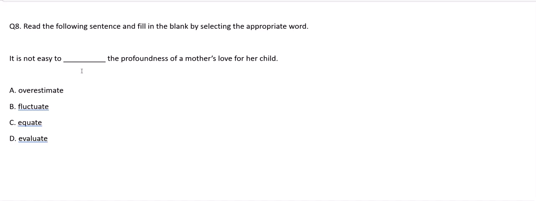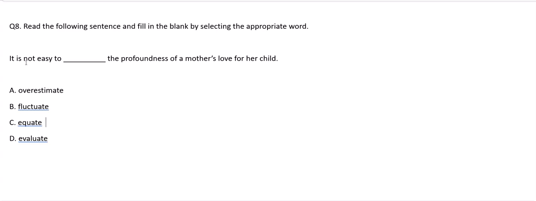It is not easy to fluctuate is not a meaningful sentence. Let's go for the word equate. Equate is the word used for comparative sentences only. To equate between two things, like equating one's strength with others, equating one's height with others. Equate is a comparative word that is used in comparative sentences.